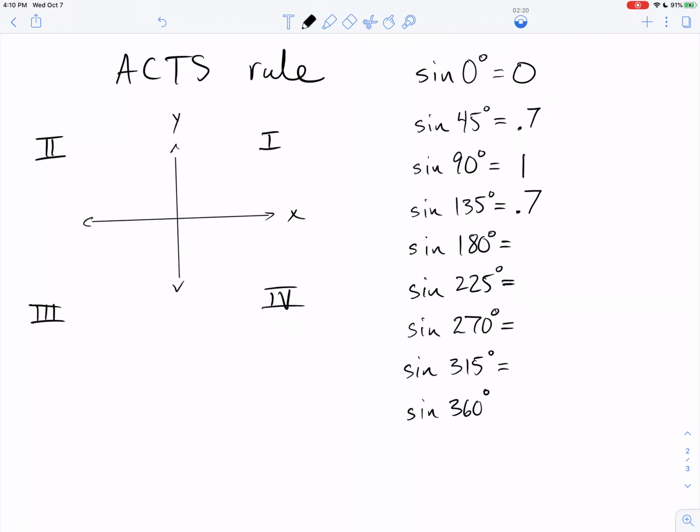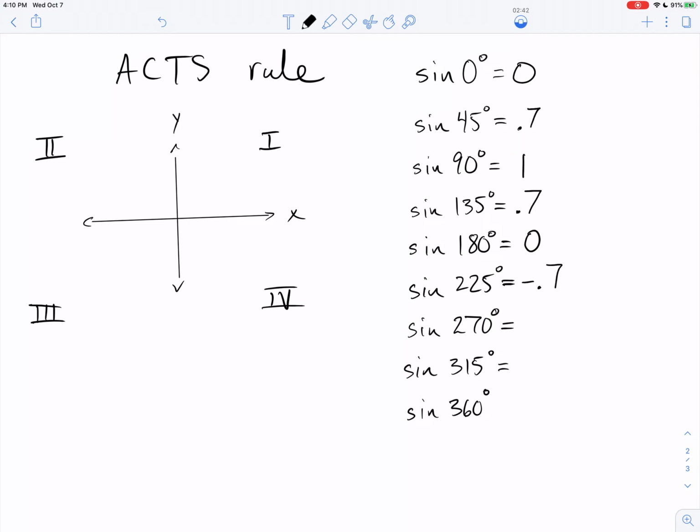Now, sine of 180. If you punch that guy into your calculator, you're going to also notice that guy is 0. Sine of 225. Now here is something interesting. Sine of 225 is that exact same huge big decimal, but this time it's negative 0.7.